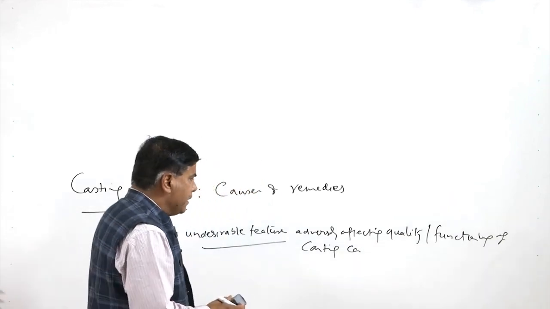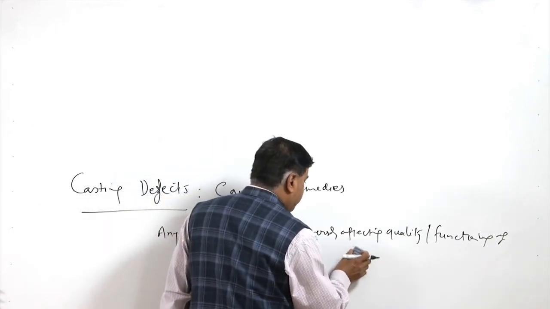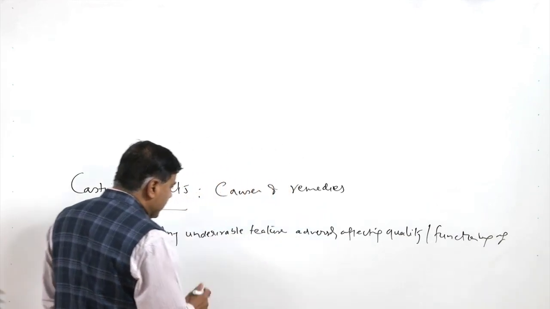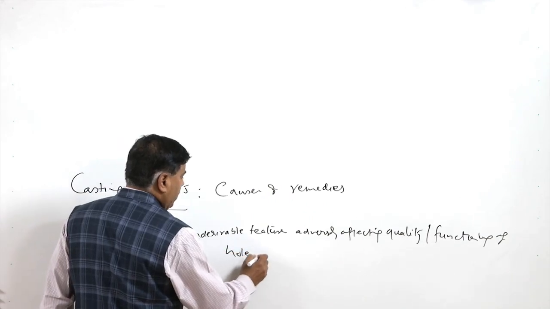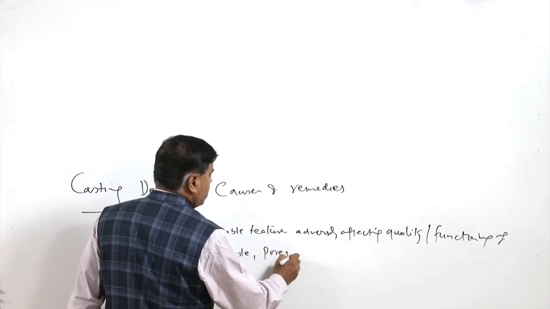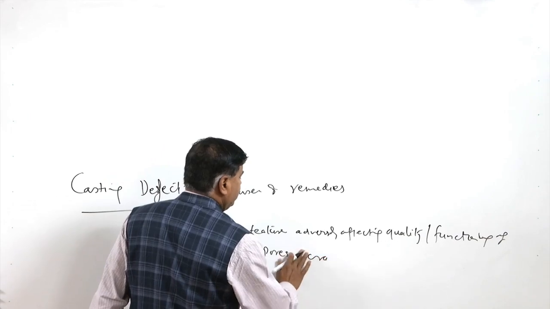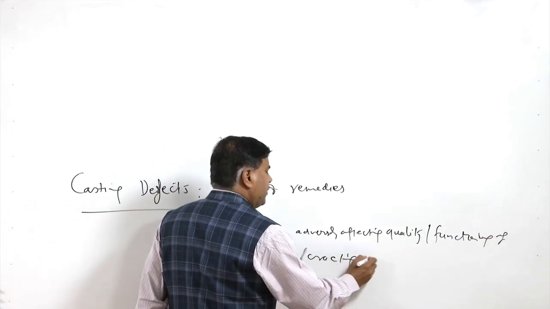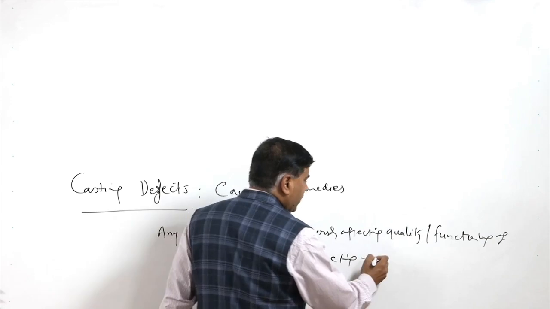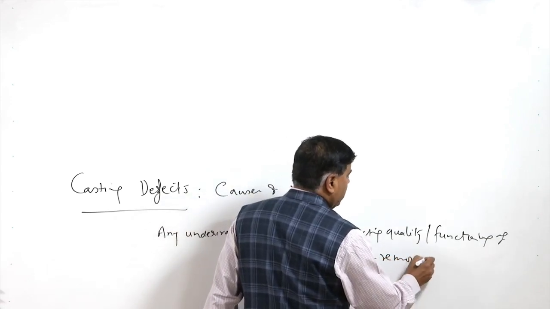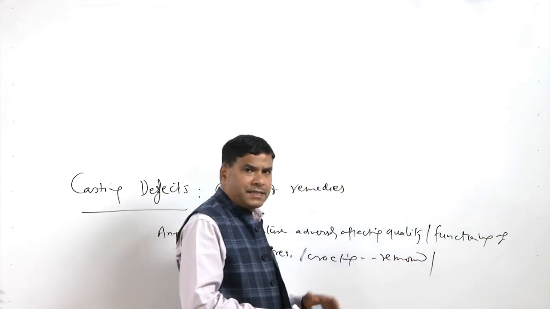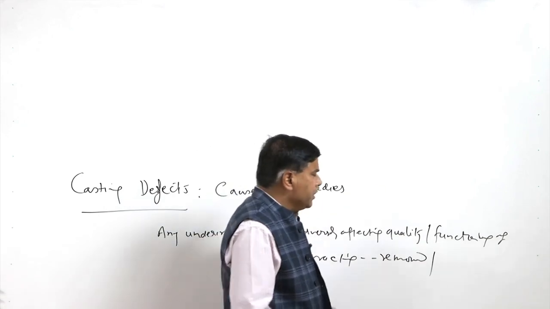Some of the undesirable features, like holes or pores or cracks, or many of this kind, can be removed so that the casting which has been produced can be used again.